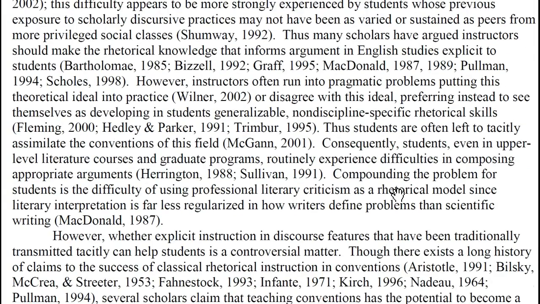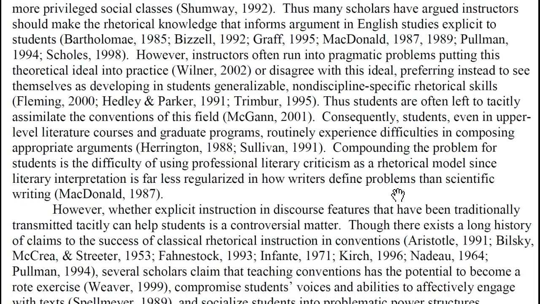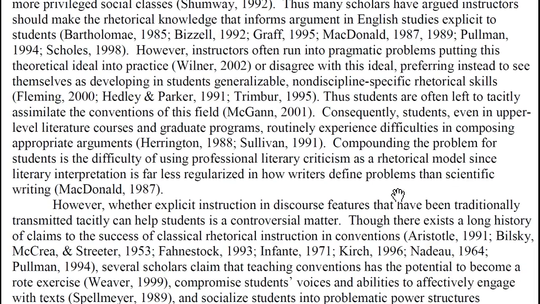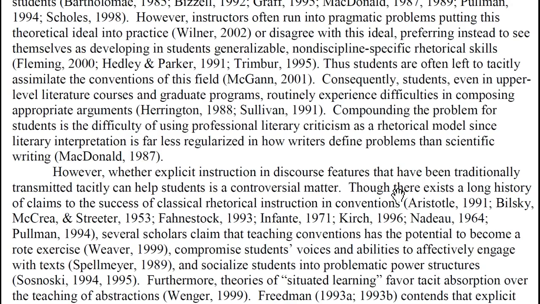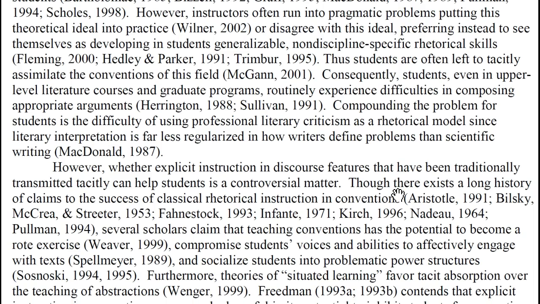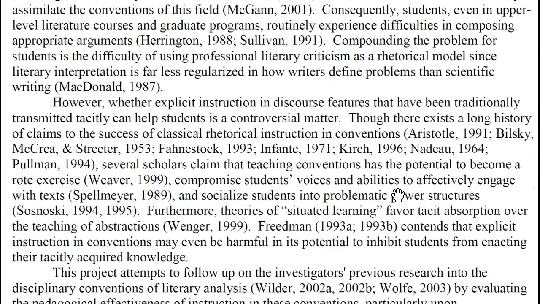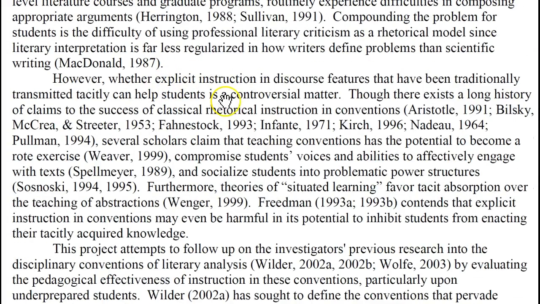And then as I get closer and closer to my research question, I get more and more specific. I spend more time on individual studies. So here we're looking at how students face lots of problems when they're writing across the disciplines, but there's controversy on whether explicitly teaching the conventions of the field can help students.